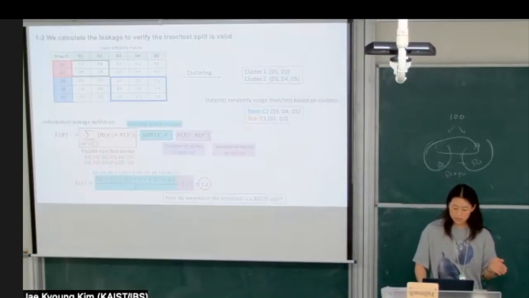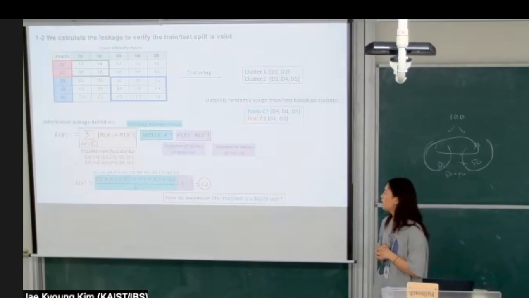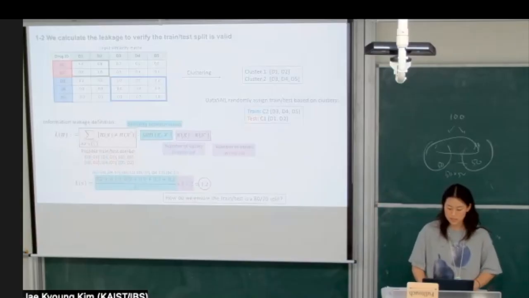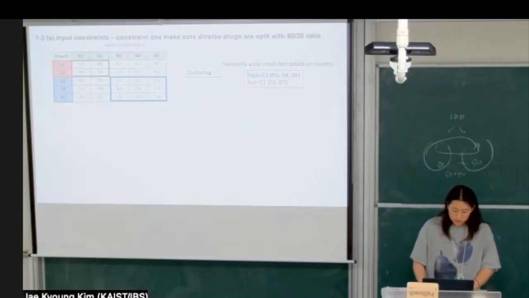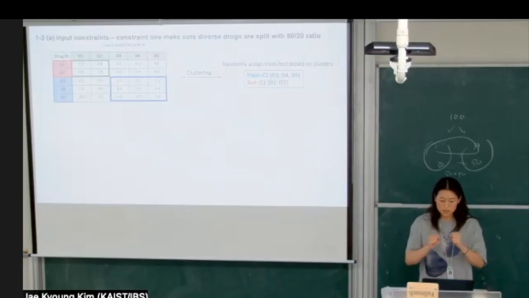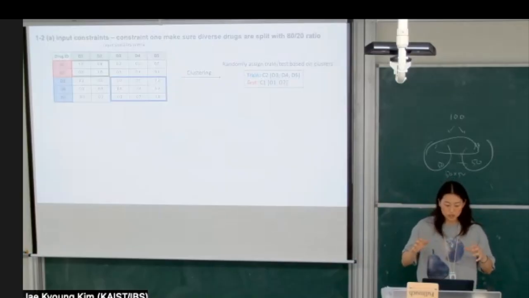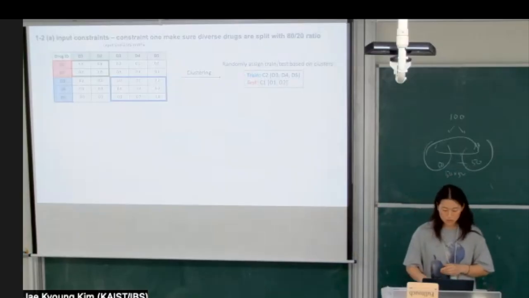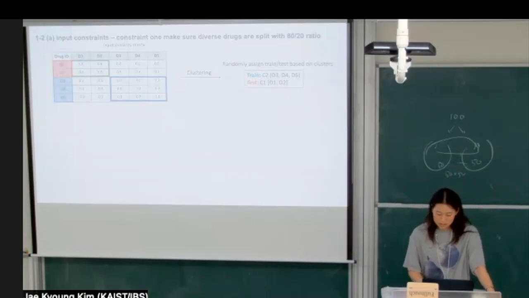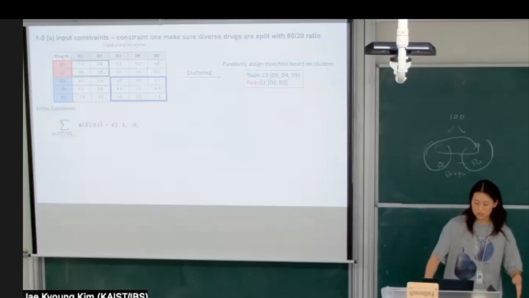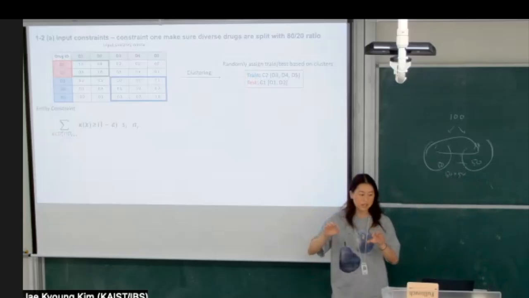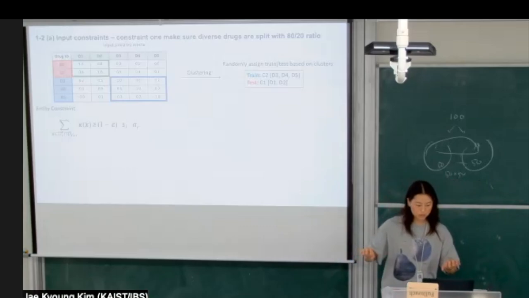We still want to make sure that the train-test split is 80-20 or 70-30, like what users desire. So we want to make sure that the drugs are split into an 80-20 ratio. This is the same assigned train and test cluster, and this is called the entity constraint, where we make sure that each drug is split in an 80-20 ratio.